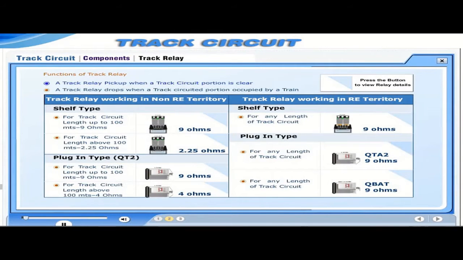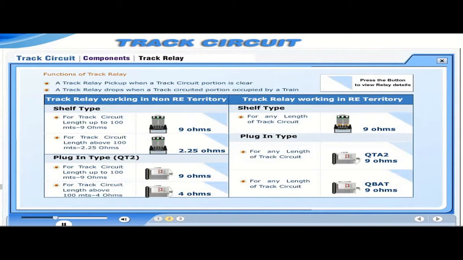Function of track relay. A track relay picks up when a track circuit portion is clear. A track relay drops when a track circuit portion is occupied by a train. Self-type: for track circuit length up to 100 meters is 9 ohms; for track circuit length above 100 meters is 2.25 ohms.